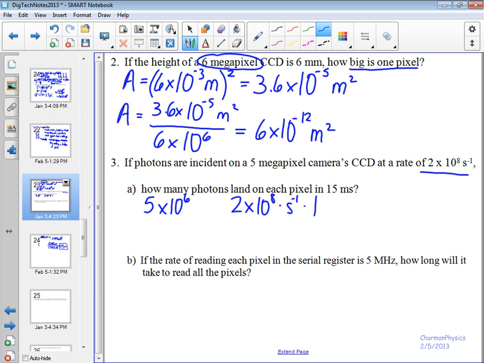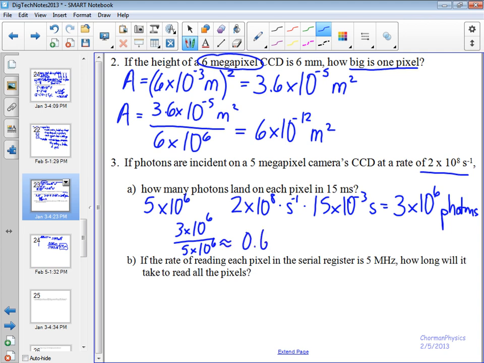So it's 2 times 10 to the 8th photons per second times 15 times 10 to the negative 3 seconds. So that's going to give us 3 million photons that will have landed on the CCD. And if we want to know the number of photons per pixel, we're just going to divide that by the number of pixels here. So we get 0.6 photons per pixel, all right? Very dim picture.